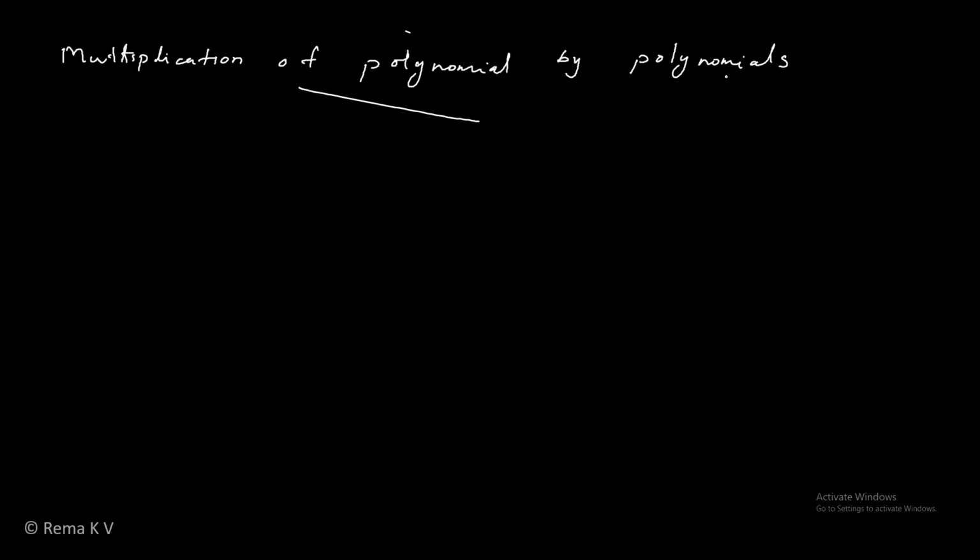Okay, in the last class, we had learned multiplication of a monomial by a monomial and a monomial by a trinomial. Sorry, monomial by polynomials.